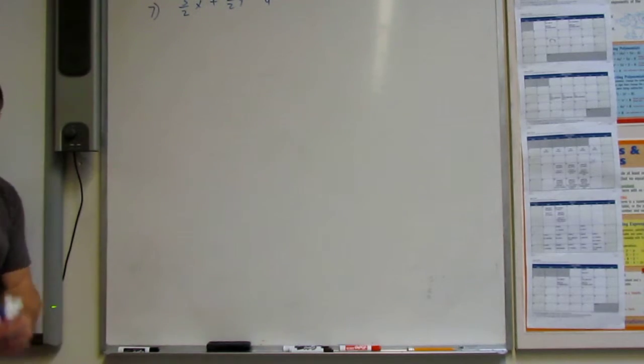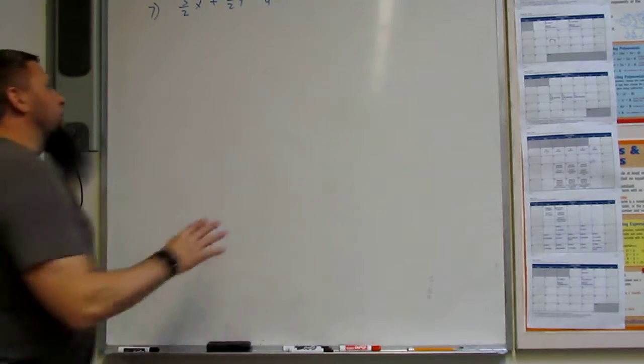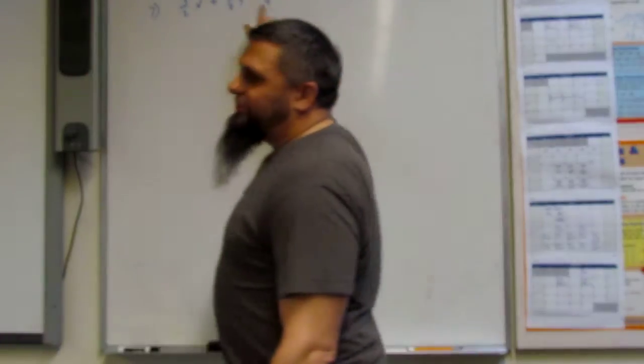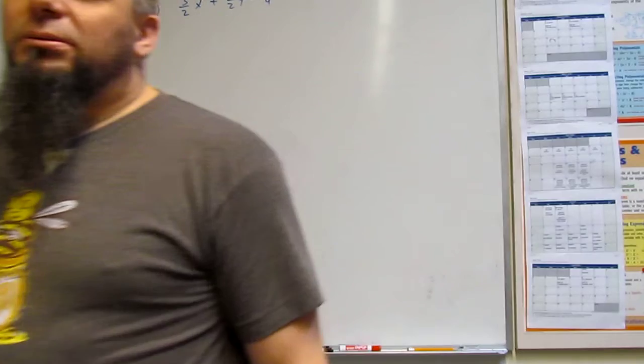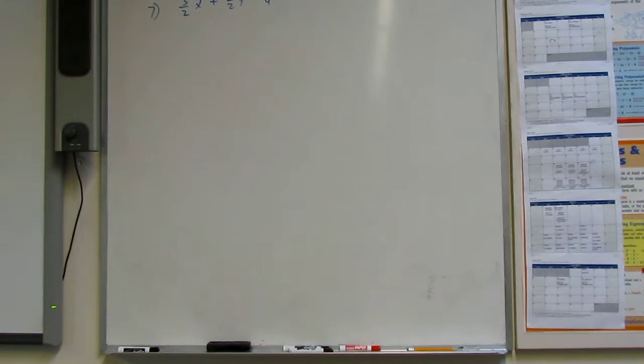Alright, so we are going to multiply by the common denominator. In other words, what number do 2 and 4 both go into? 2. No. 4. Yes. 2 and 4 both go into 4. Now some people would say 8 or 12, and 2 and 4 both go into 8 and 12 in that it would work.